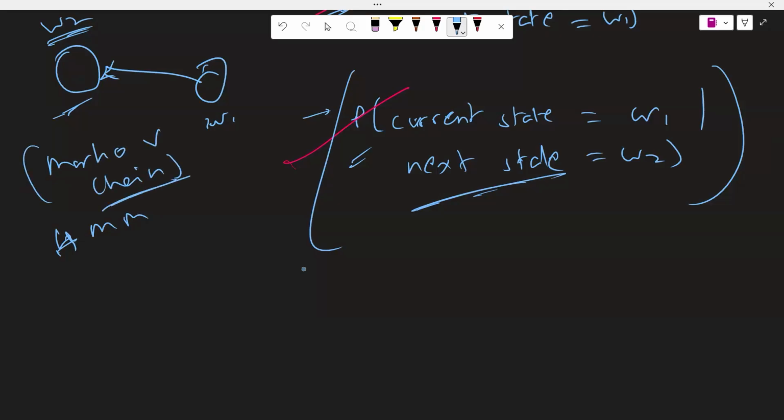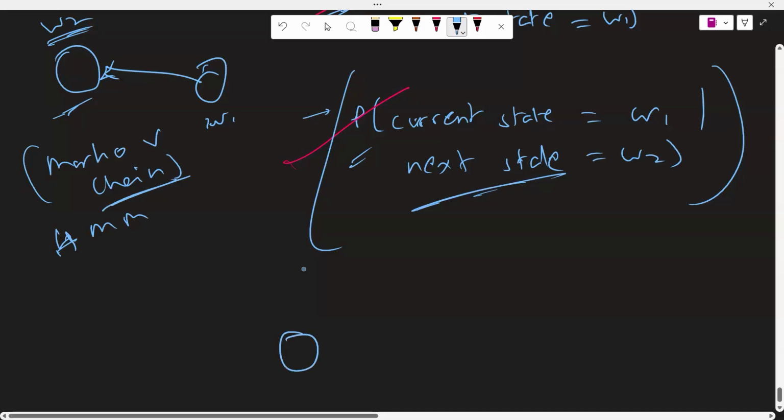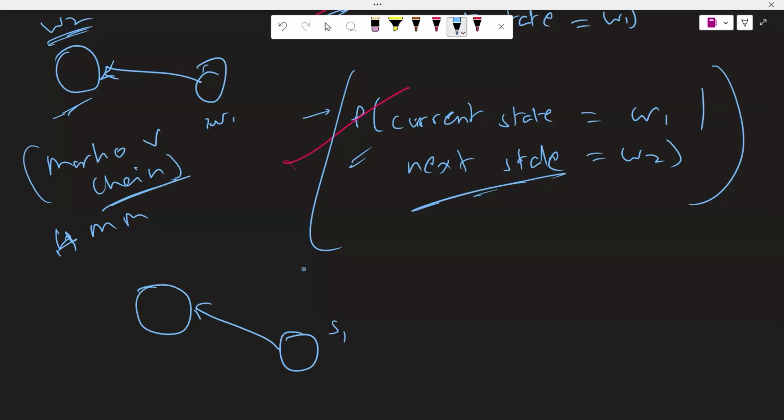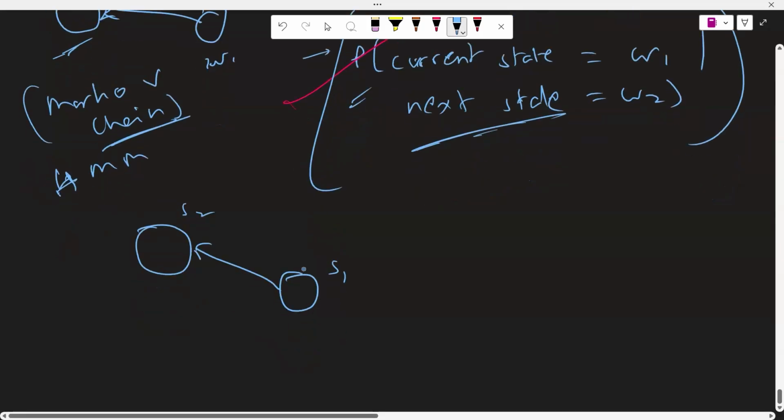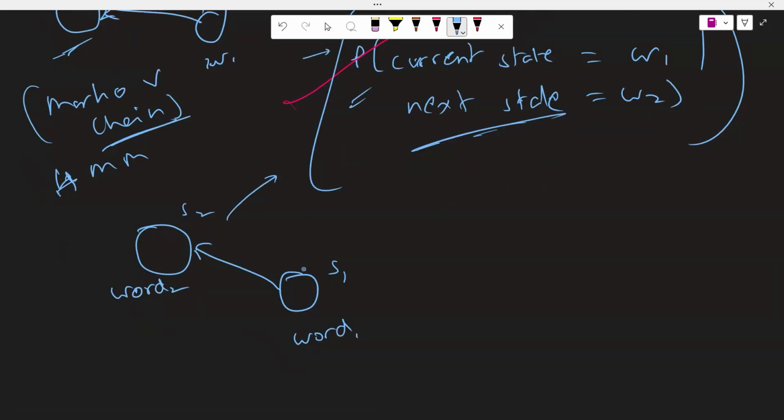So a Markov chain looks something like this: you have a state and you go from one state to another. Let's say this is state one, this is state two. In our case, we don't call it state. State is something coming from theory of computation, but over here we'll call it words. So you're going from one word to another word, and based on that we are defining our outputs.